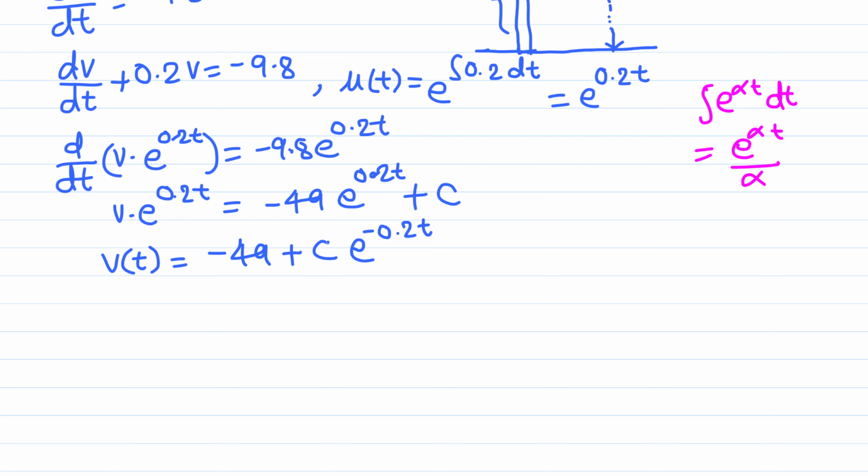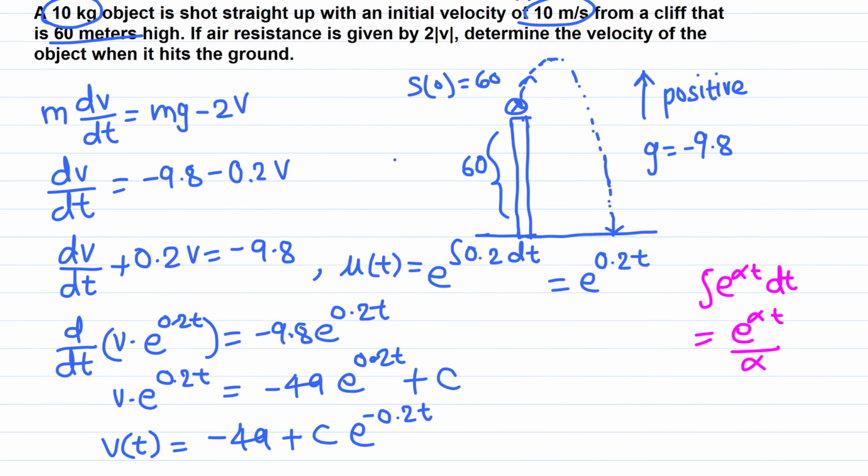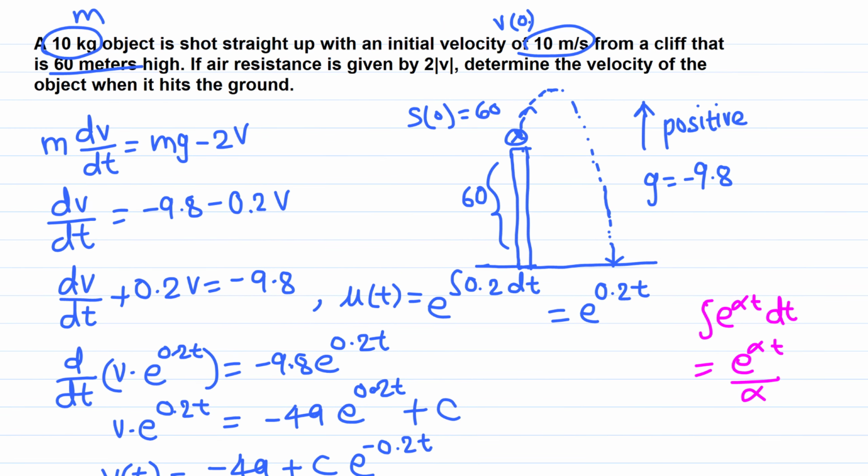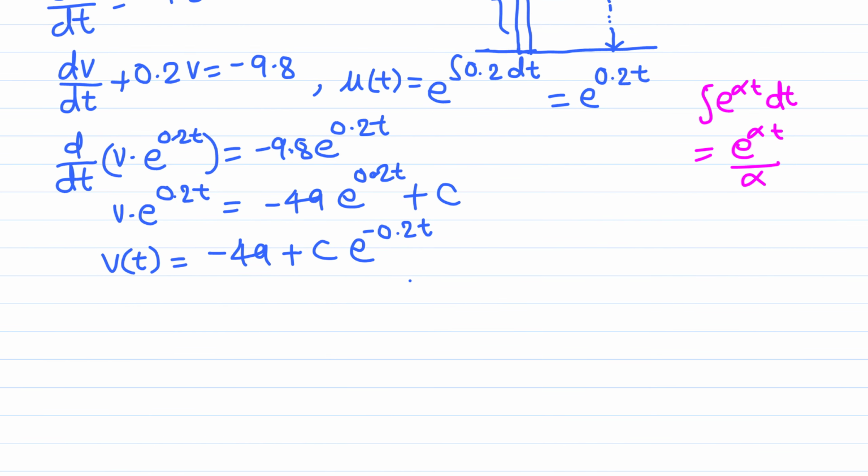Now we can find the value of c using the initial condition. The initial velocity given in the question is 10, so using v of 0 equals 10, we get negative 49 plus c times e raised to 0, which is 1, just c.